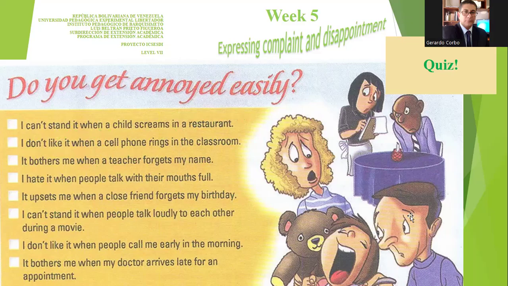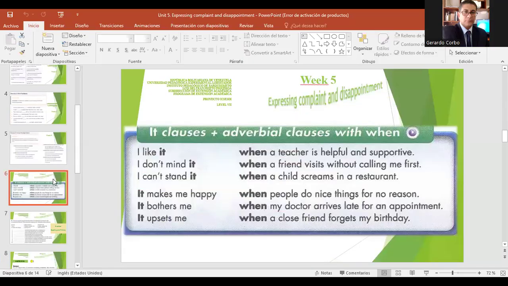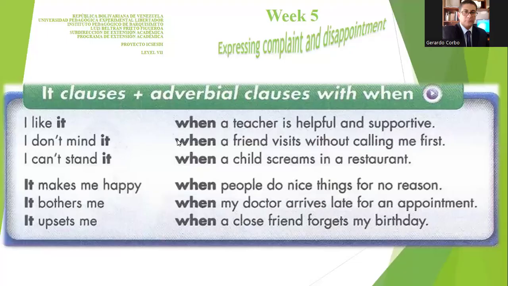Okay, and let's talk about the structure for these sentences. The basic structure is that we can start with affirmative sentences like I like it, I love it. Affirmative sentences mean that you're talking about something that you really like.